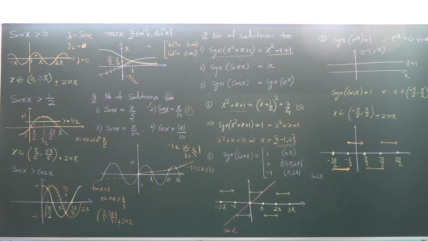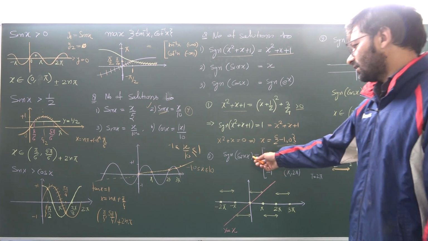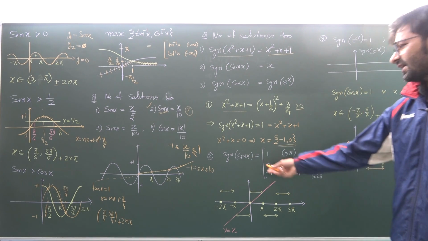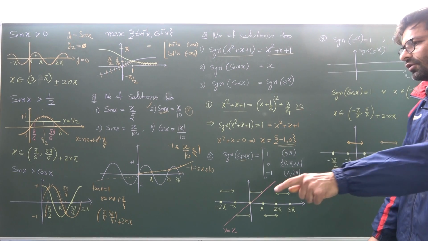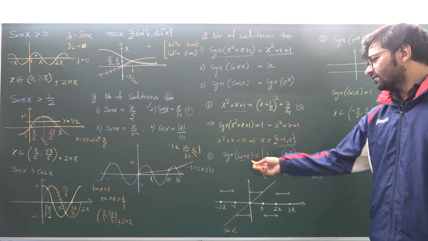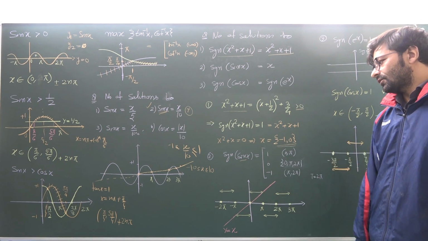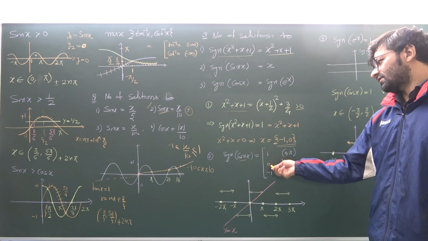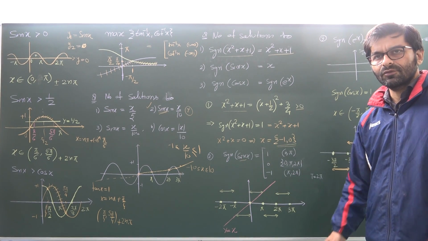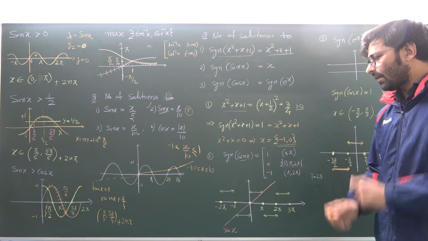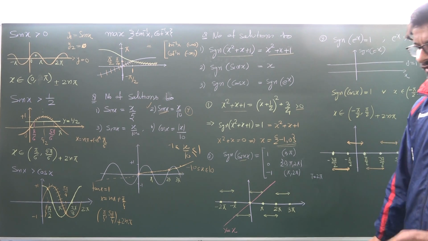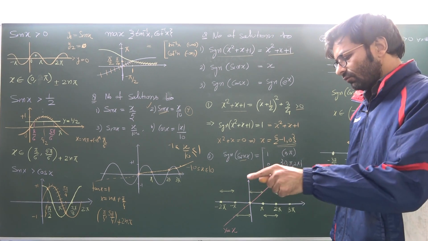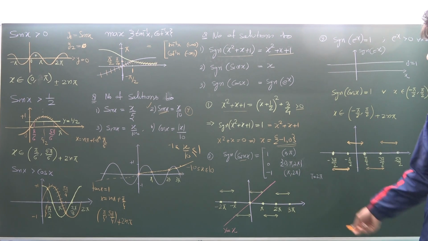Second question, signum of sin x equals x, number of solutions. Now signum of sin x will return us 1 provided sin x is positive, which means first quadrant and second quadrant. Signum of sin x will return 0 whenever sin x is 0, which means 0, pi, 2 pi. Okay, -1 in the third and fourth quadrant, so pi to 2 pi.